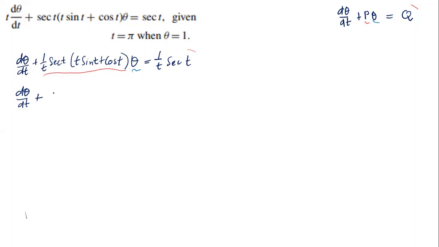Sec t multiplied by sine t will give us sec t sine t. 1 over t sec t multiplied by cos t is going to be 1 over t sec t cos t, close bracket, multiplied by theta, equals 1 over t sec t.